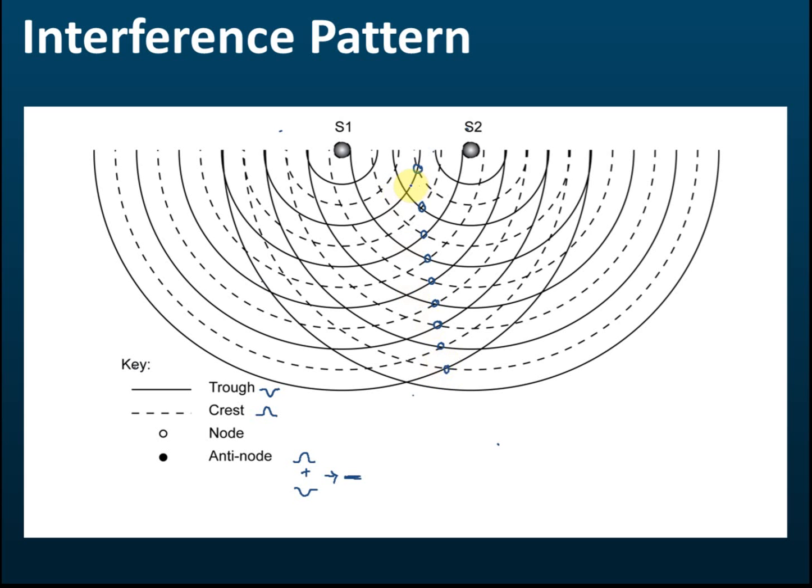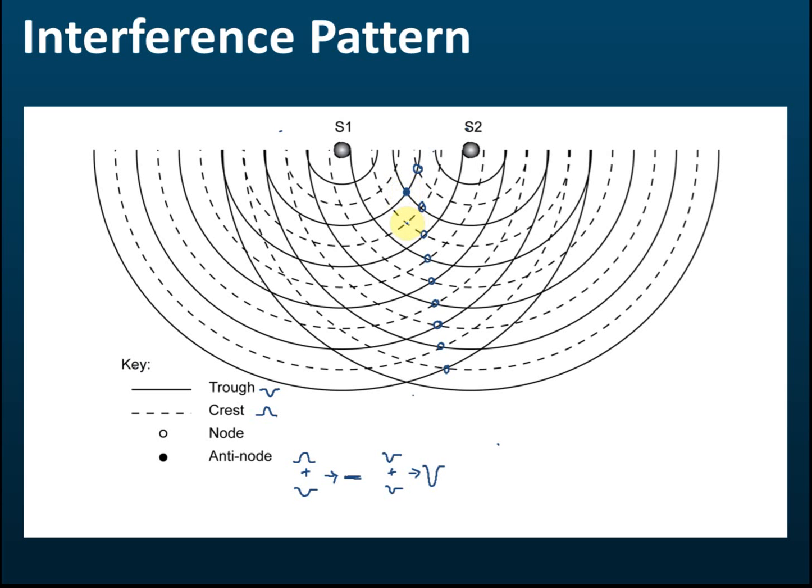For example, this is the point where a trough superposes with another trough, and we have learned that if a trough superposes with another trough, constructive interference occurs and the product is a trough with a bigger amplitude. So this is an antinode.